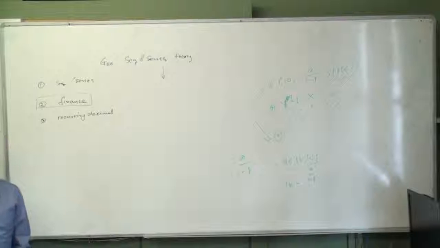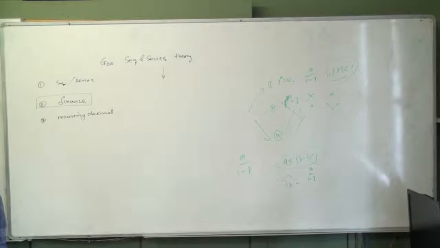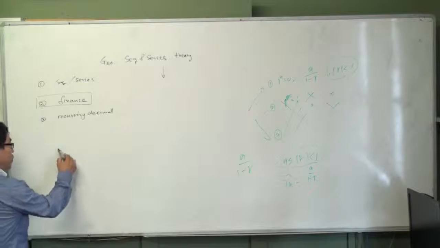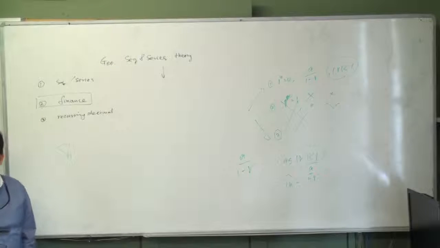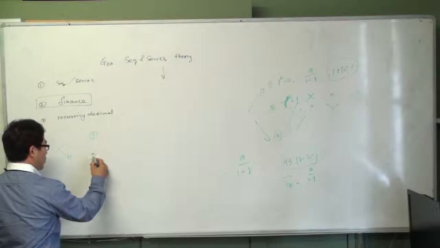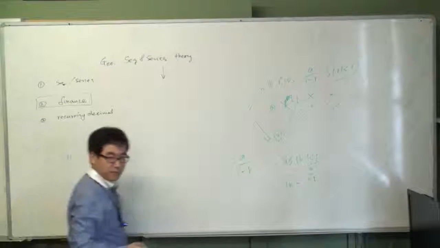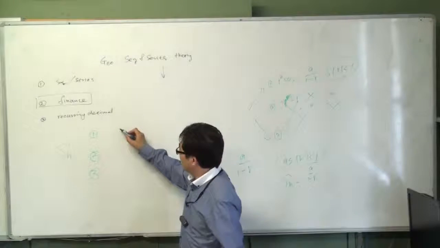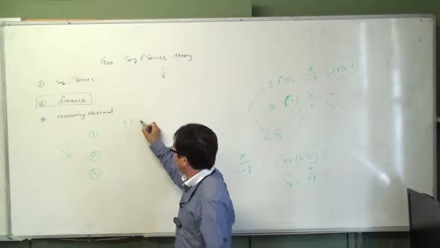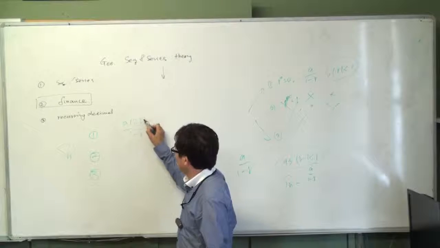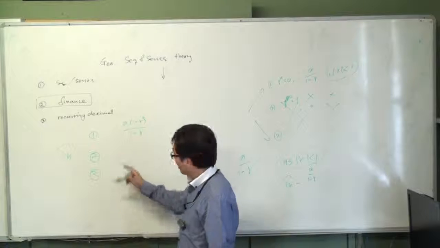So if I summarize it, for those who prefer to summarize, the sum formula for geometric sequence, there are 3 cases, isn't it? 3 cases. 1, 2, 3. A over 1 minus R. Yes. 2.